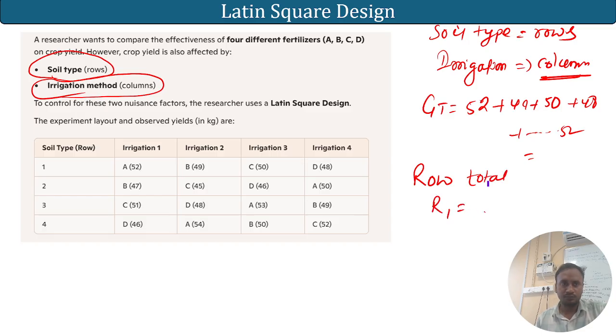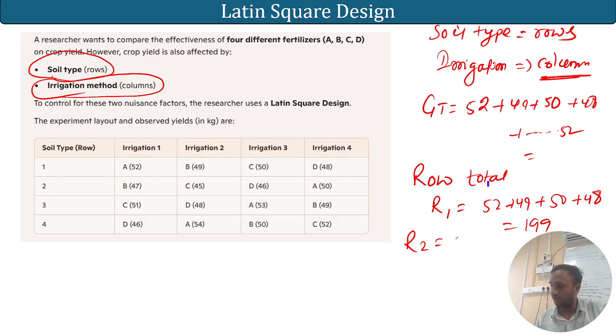R1 will become 52, 49 plus 50, 48. It will come to 199. Similarly, I'll take R2.